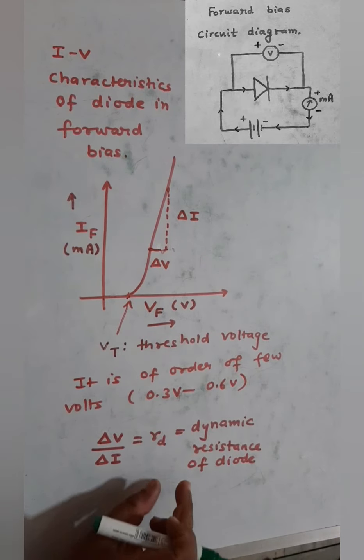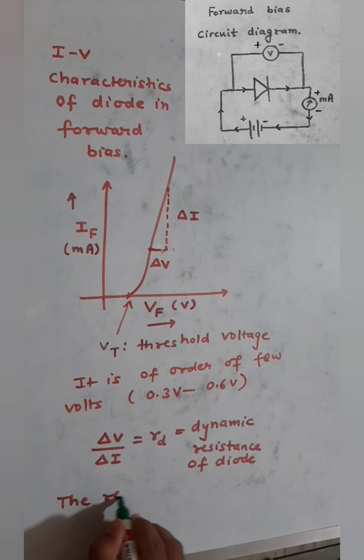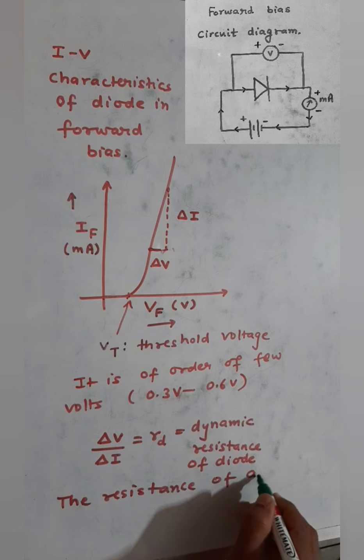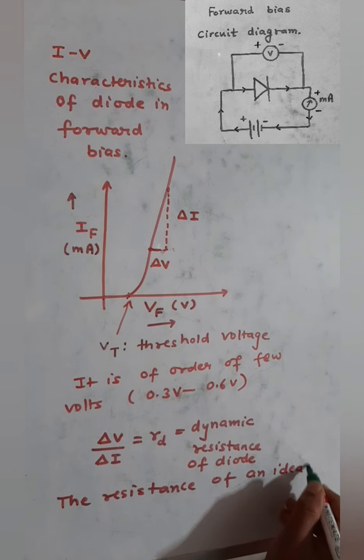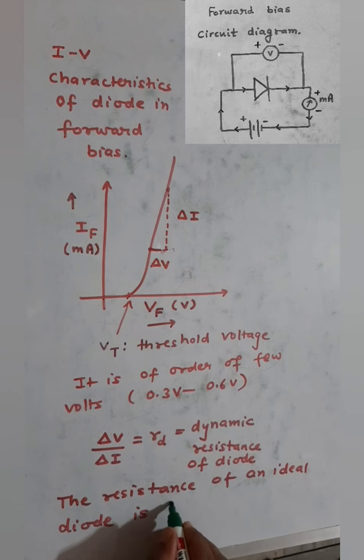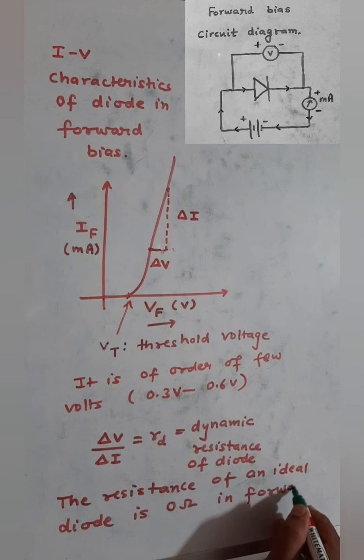So it's much smaller in forward bias, and the resistance of an ideal diode is 0 ohm in forward bias.